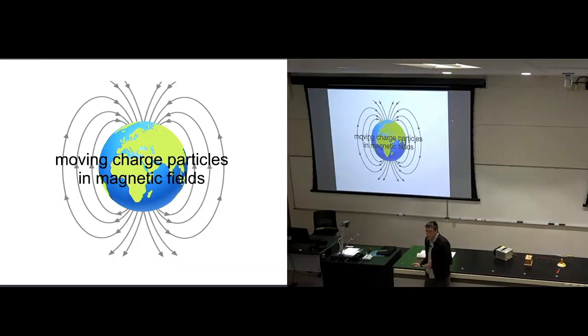Okay, we all love the Earth. We're not going anywhere else. This first problem that I want to work through is an example of the Earth, which is interesting because it's massive, it exerts gravitational forces. It's also electric, it's charged and exerts electric forces.